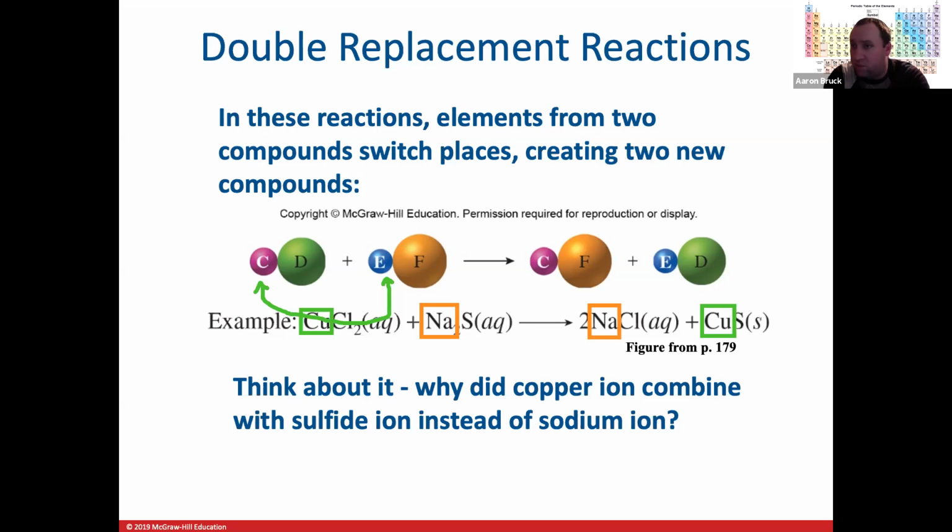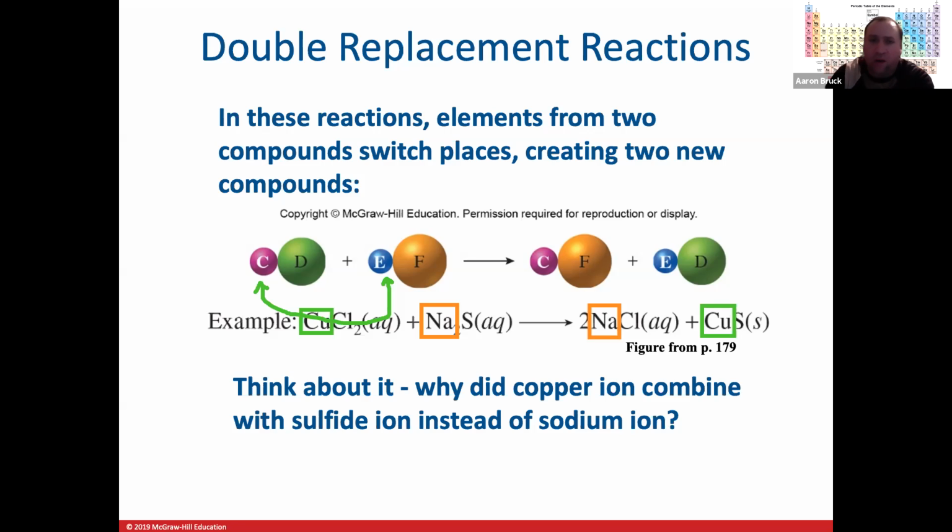In double replacement reactions, we have two compounds being involved. And so the term single replacement or double replacement is a reference to how many compounds are involved in the reaction itself. So in double replacement, we have two compounds that are changing parts. In single replacement, we only have the one compound that is changing parts.